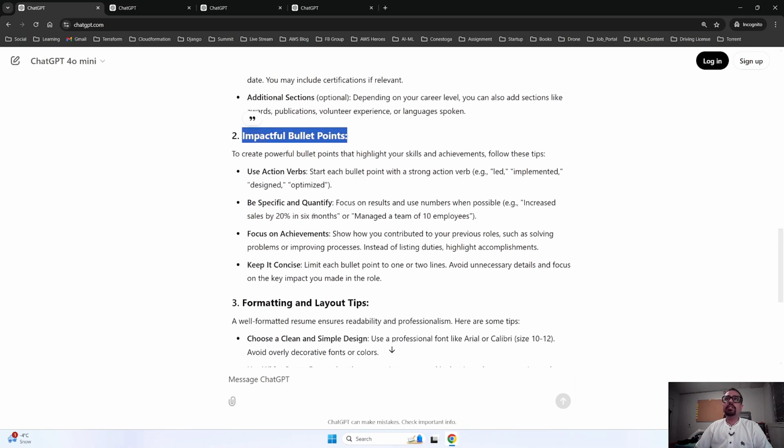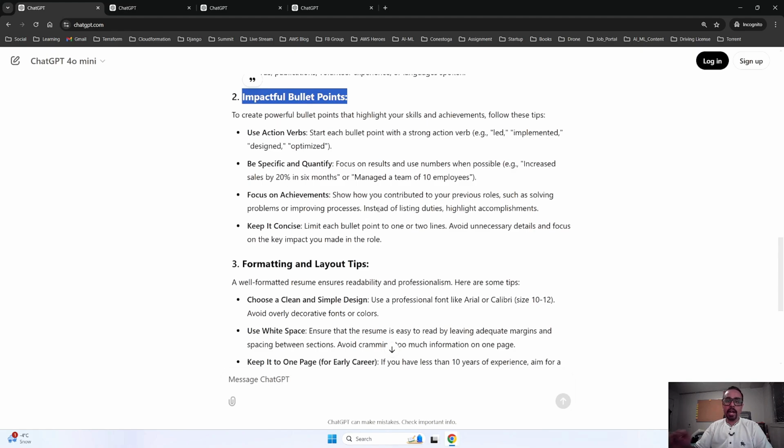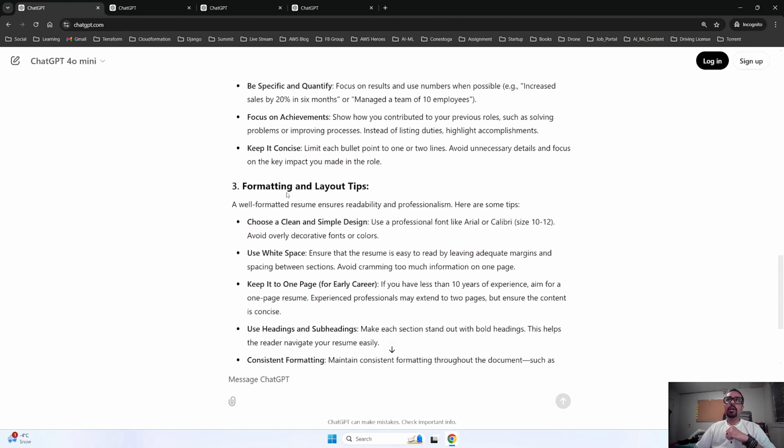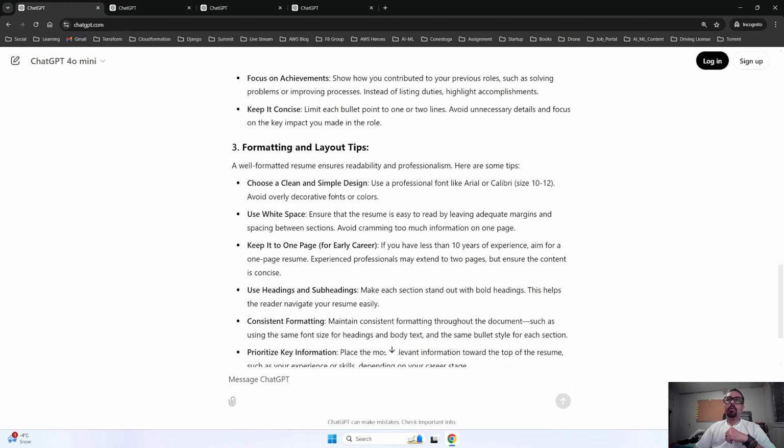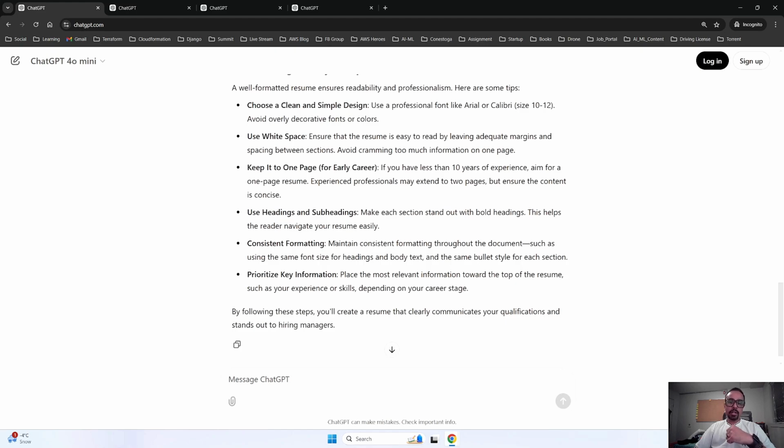Then bullet points, what bullet points you should add. Specifically, it is saying that you tell how much money you have saved after working on that specific project, with how many employees you were working, was it teamwork or individual work, everything. Formatting and layout tips, so how you should format your resume. So everything is mentioned over here.